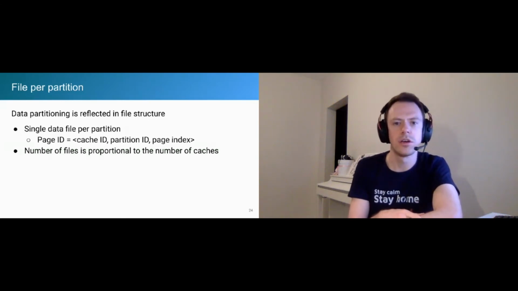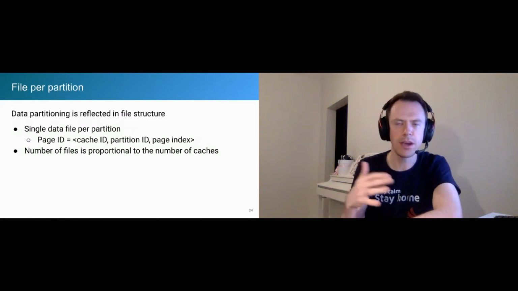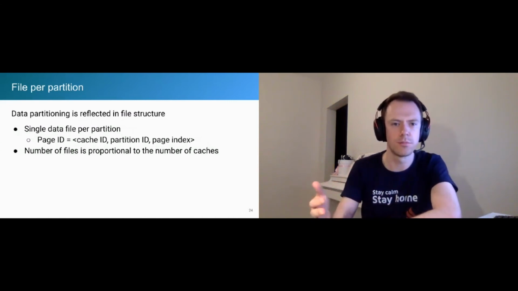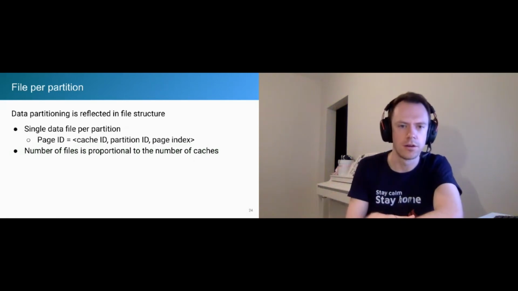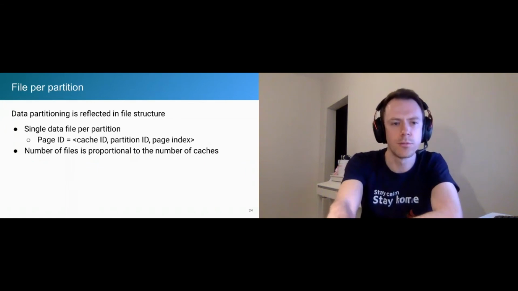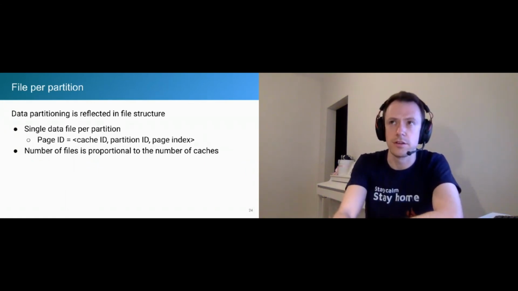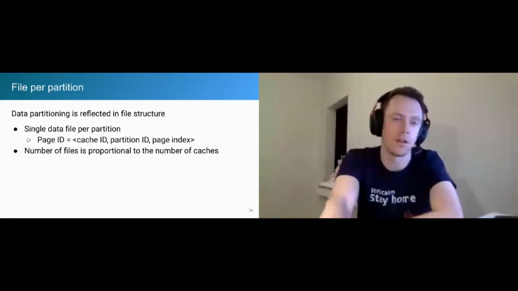First of all, it allows us to have a transparent mapping from logical pages to pages in files, and it simplifies several internal processes inside Ignite, namely related to rebalance and to taking snapshots.